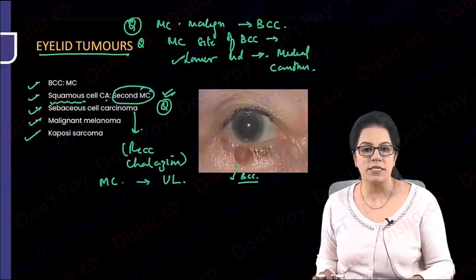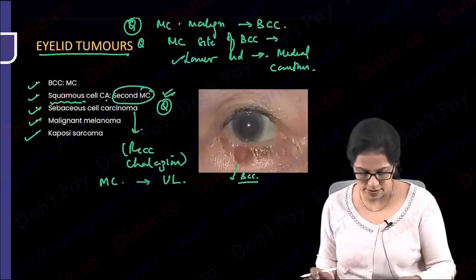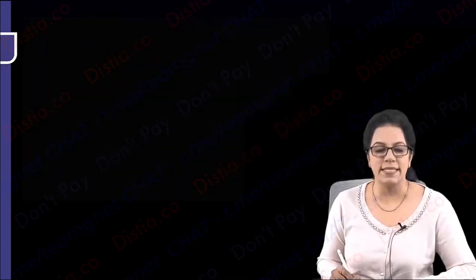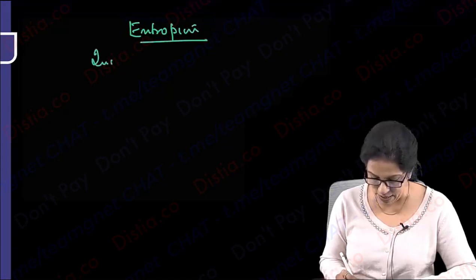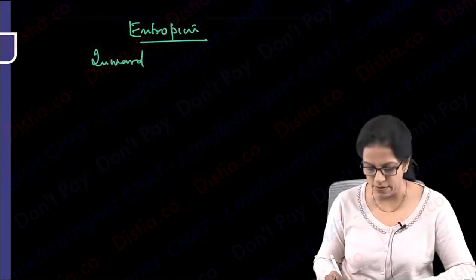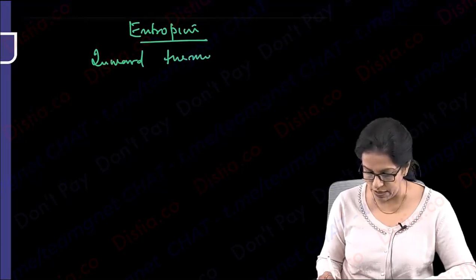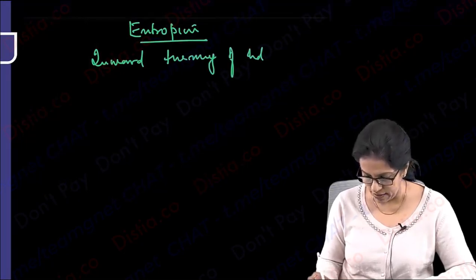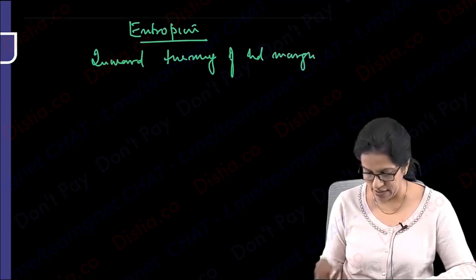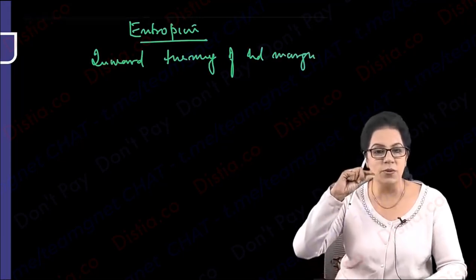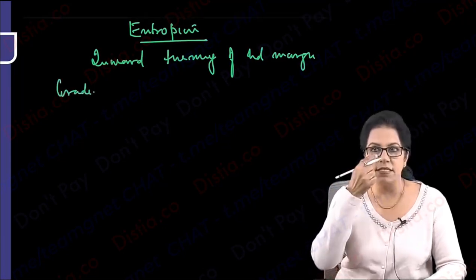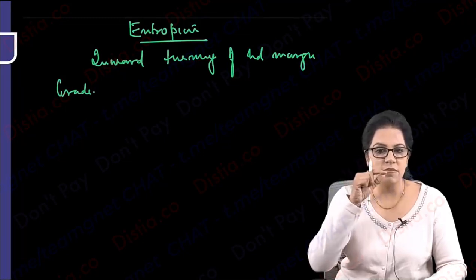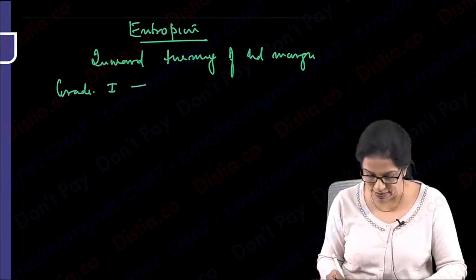We next talk about entropion. So let's give the next heading, entropion. What is entropion, all of you? Inward turning of the lid margin. Note down, it is inward turning of the lid margin. Now, according to how much inward it goes, you can grade it. It's a very simple grading. If the posterior lid margin has gone inside, it is grade 1.